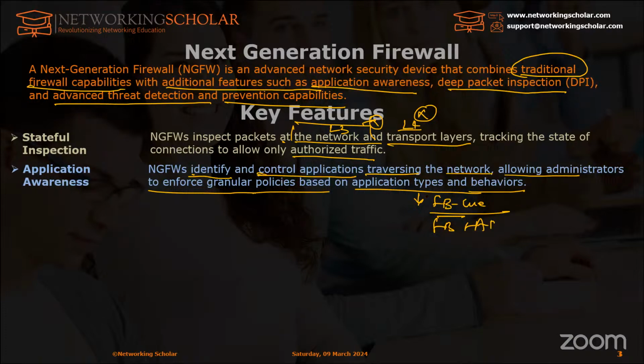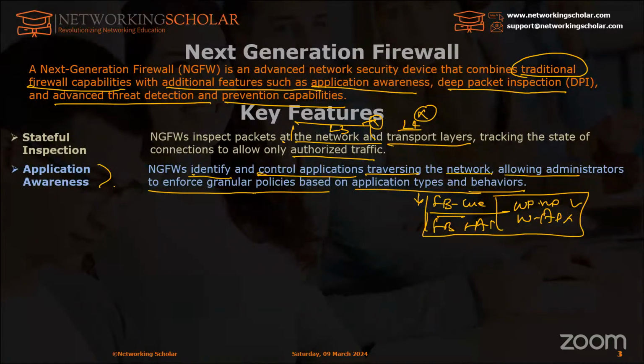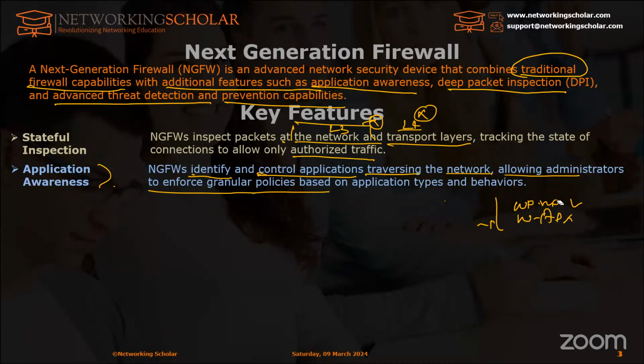These are two different things. Like WhatsApp Web is allowed, but the WhatsApp application is not allowed. So it is only possible through application awareness. If the firewall doesn't know what is actually web and what is an application, then it is not going to be allowed.